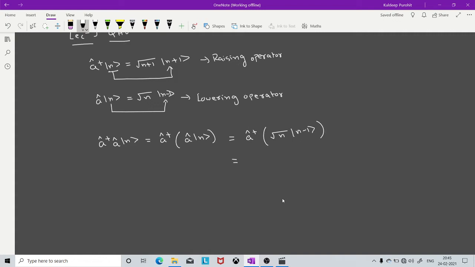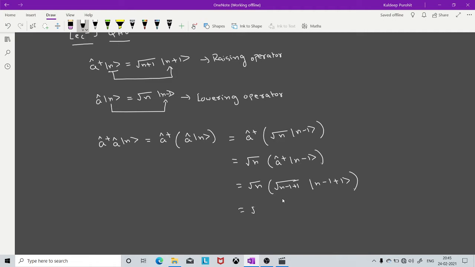Now I can take root of n outside and operate a dagger on ket n minus 1. When a dagger operates on ket n minus 1, you get root of n minus 1 plus 1, which is n.